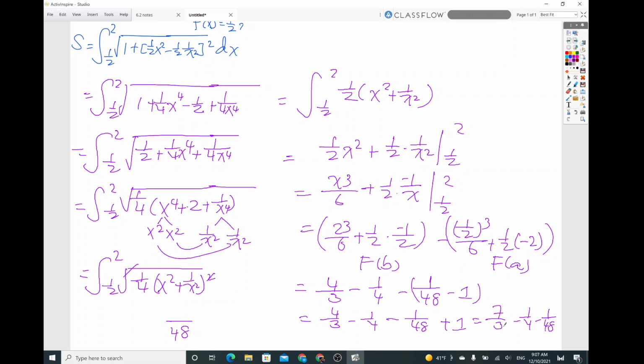So 3 times 16 will be 48. So 7 times 16, so 7 times 6, 42, 1 times 7 plus 4, 112. Minus 12 over 48, minus 1 over 48. So the answer is going to be 99 over 48.